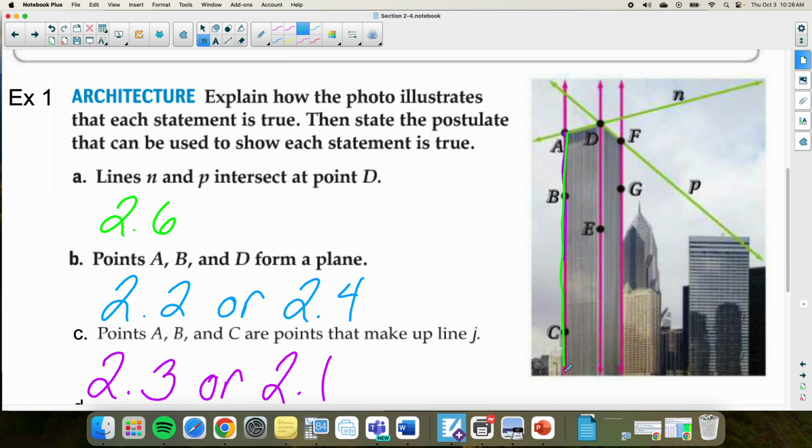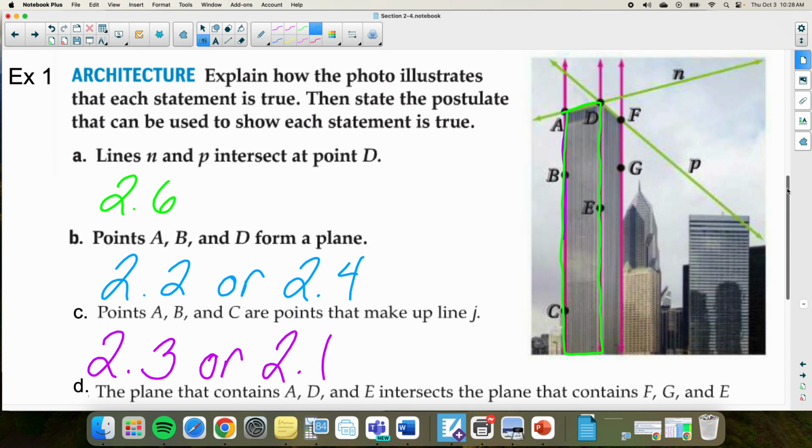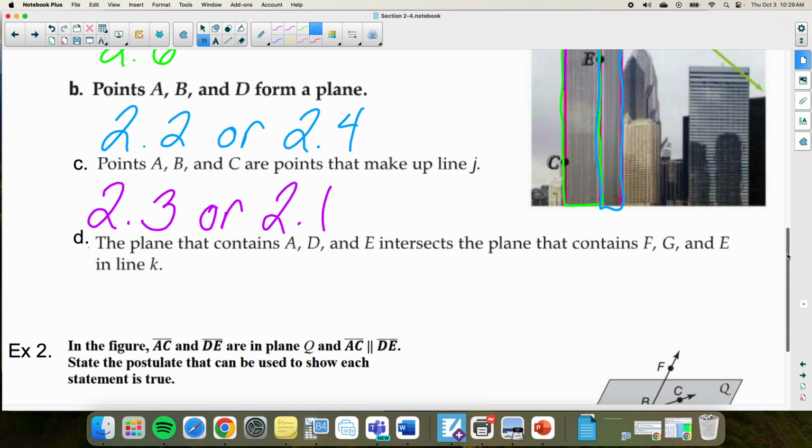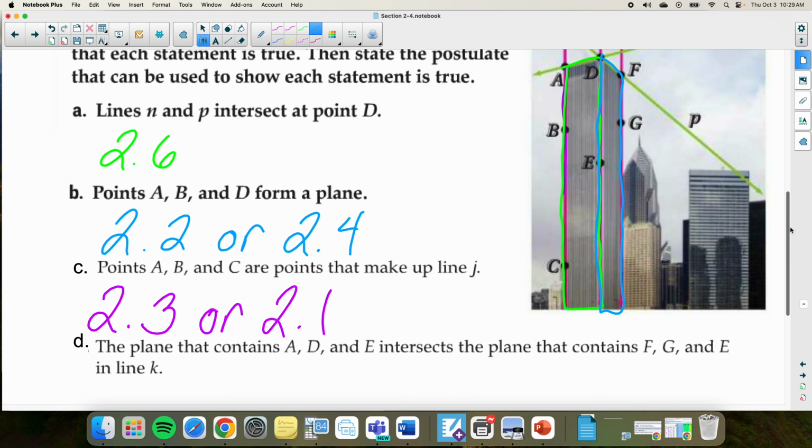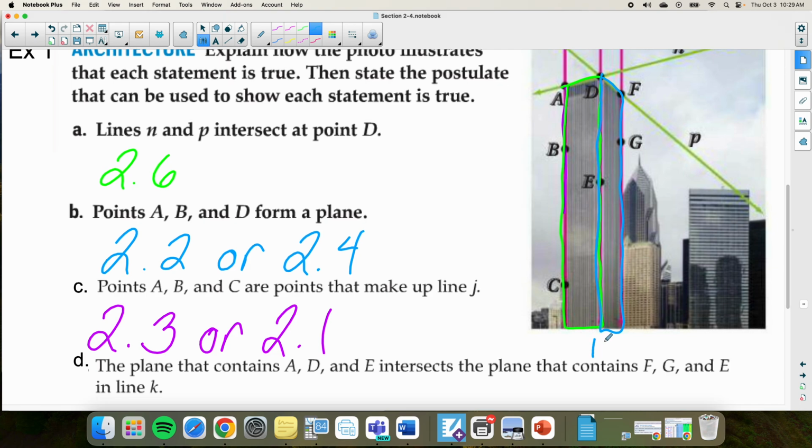So this front one, and then they say, and the plane that contains F, G, and E, which is this one, intersect in line K. And like I said, this right here must be K. This line is J. So which one talks about if you have 2 planes that intersect, they intersect in a line? 2.7? Okay.